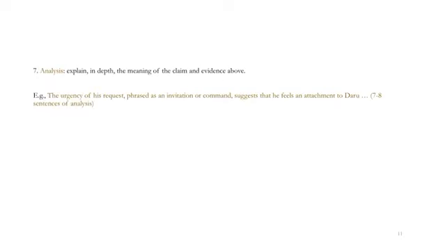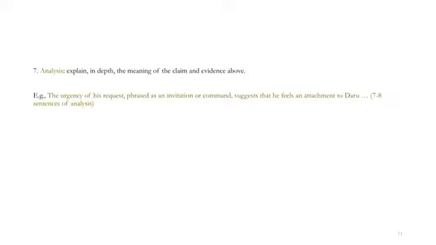Now, the way you do this is when you write your analysis. The job of the analysis is to explain the evidence and claim. Okay, so you give a claim that tells us what the evidence means, then you quote the evidence, and because this evidence is difficult to understand, we might not understand that claim yet.